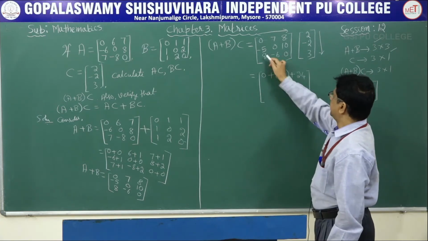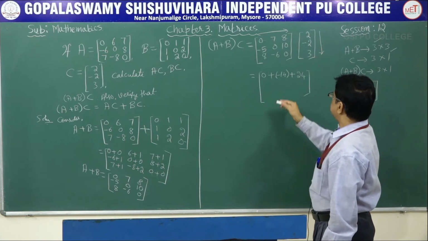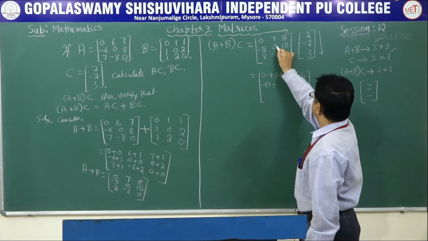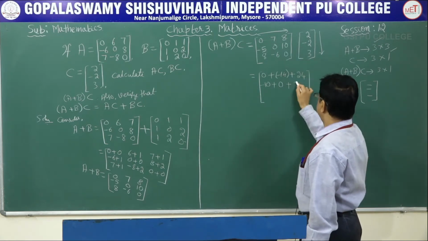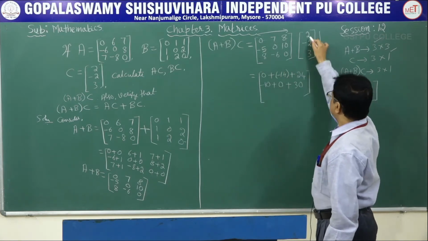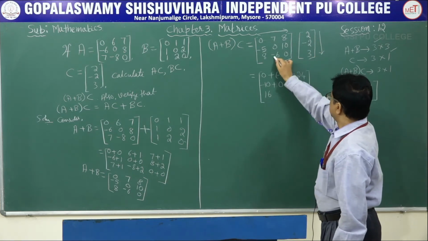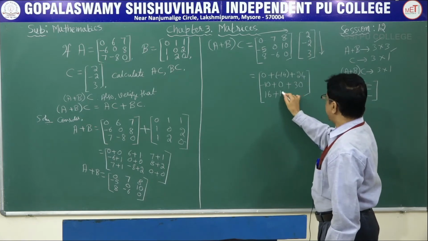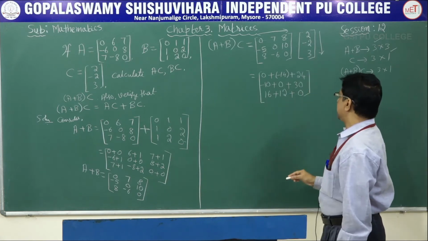Next element will be second row into first column, that is minus 5 into 2, minus 10, plus 0 into minus 2, 0, plus 10 into 3, 30. Next element will be third row into first column, 8 into 2, 16, plus minus 6 into minus 2 is 12, plus 0 into 3, 0.